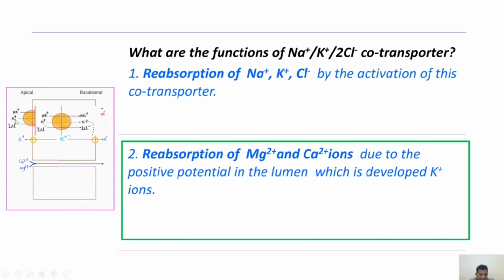That means activation of this channel causes accumulation of potassium ions within the cells, thus causing leakage of potassium ions into the lumen. Thereby in the lumen positive potential is developed. Due to the positive potential, these calcium and magnesium ions are repelled from the lumen side into the interstitial side.